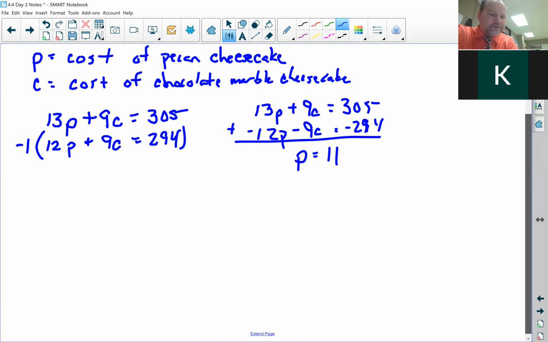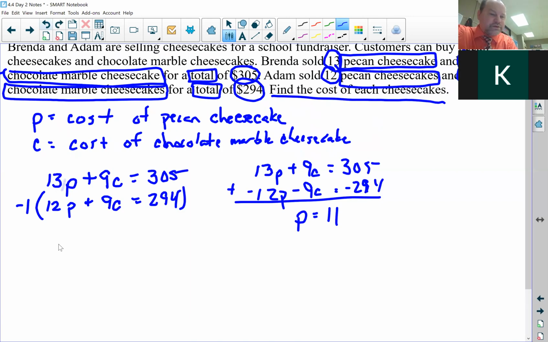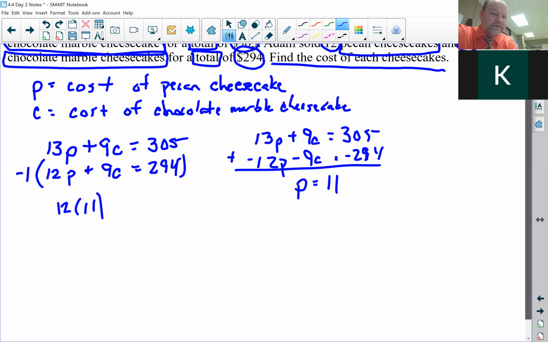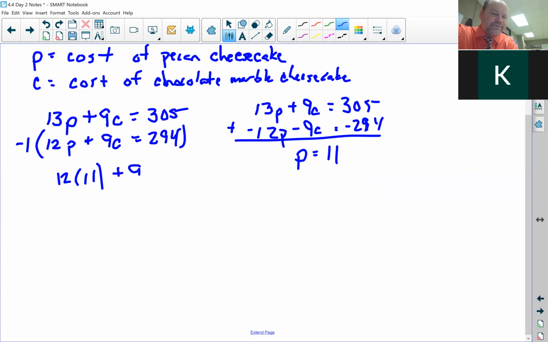So if I take 12 times 11, because that's what P is equal to, plus 9C equals 294. 12 times 11 is 132.